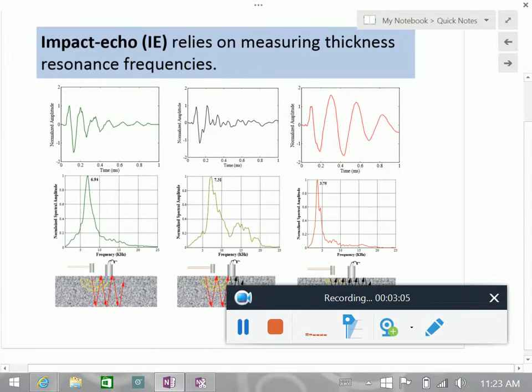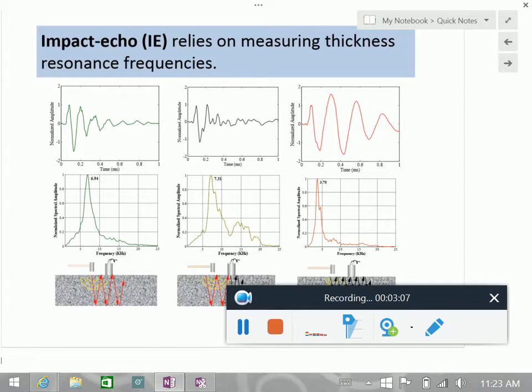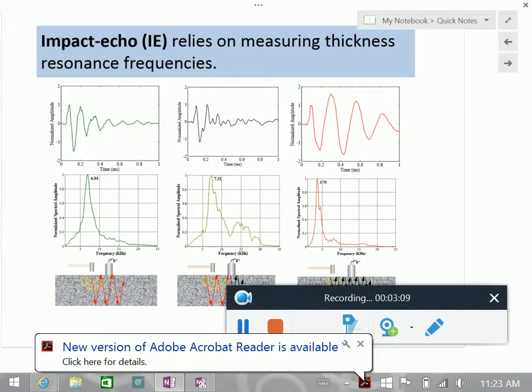So let's forget about what you see here for a second and just listen to me. One of the very first methods of non-destructive evaluation is sounding. Sounding is when people just use a hammer and tap somewhere and listen to the sound. Based on the sound they heard, they would say if, for example, there is a void underneath this wall.